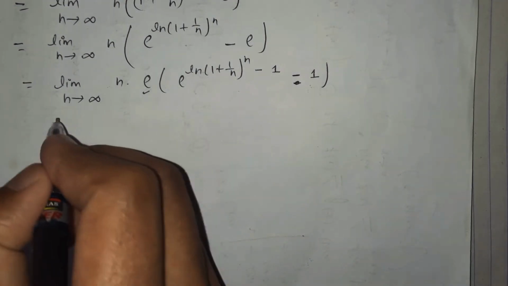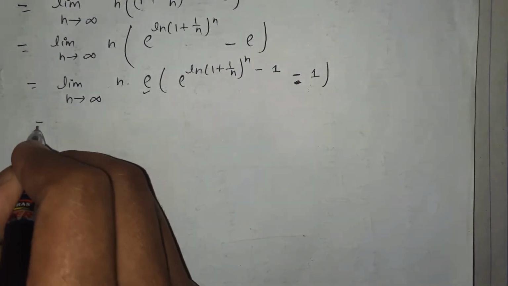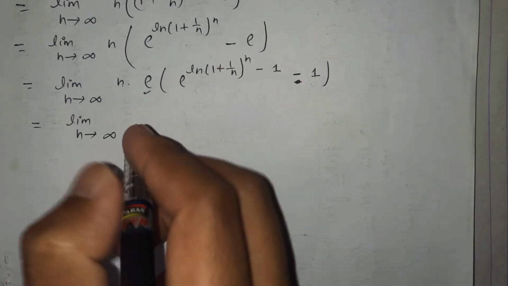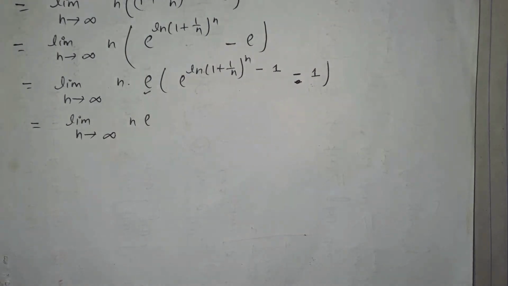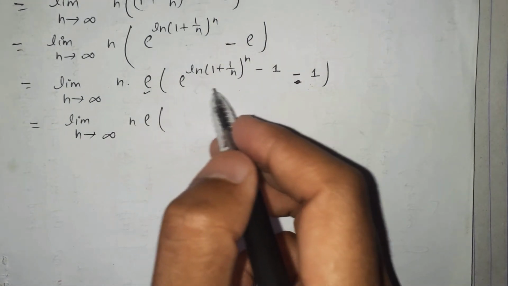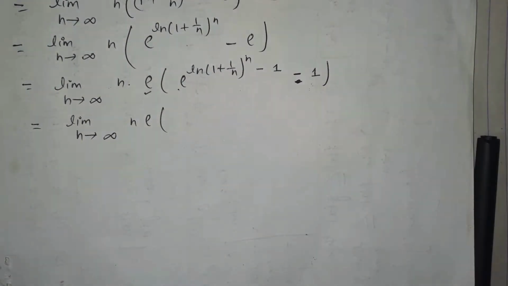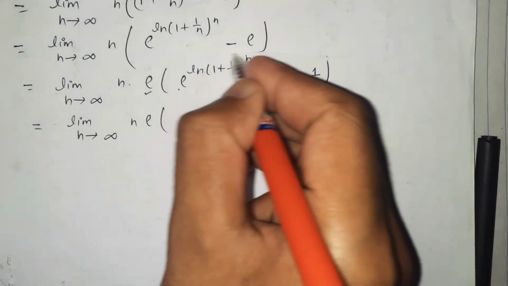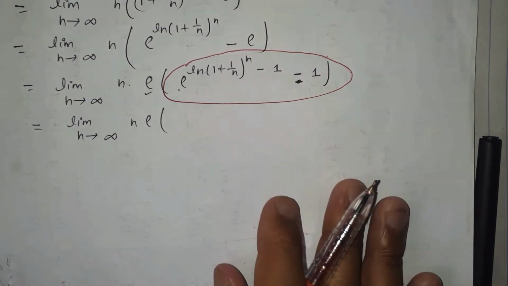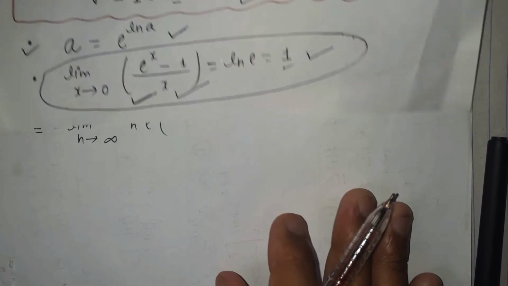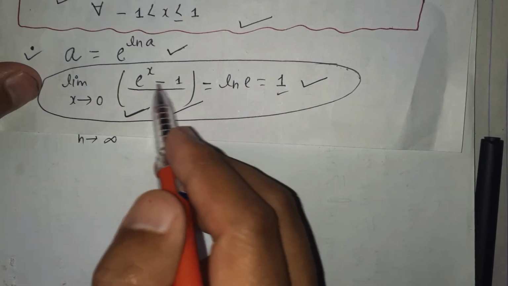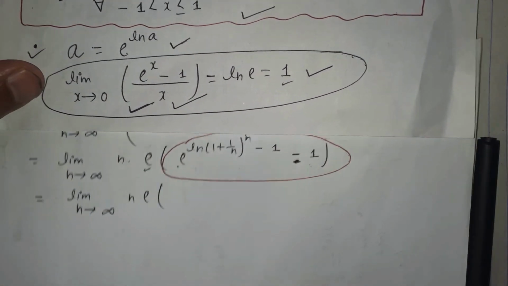Let me simplify this. Limit as n approaches infinity of n times e, where e is the Euler number. I am going to make this enclosed expression in the form of the limit as x approaches 0 of (e raised to the power of x, minus 1) over x.